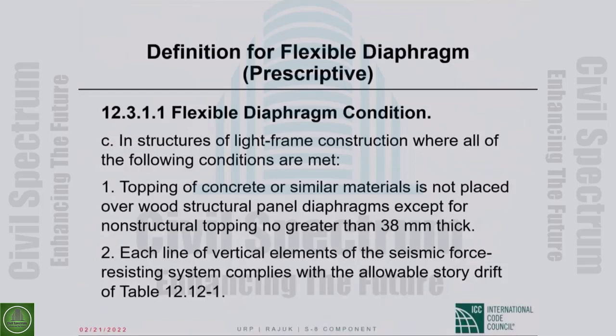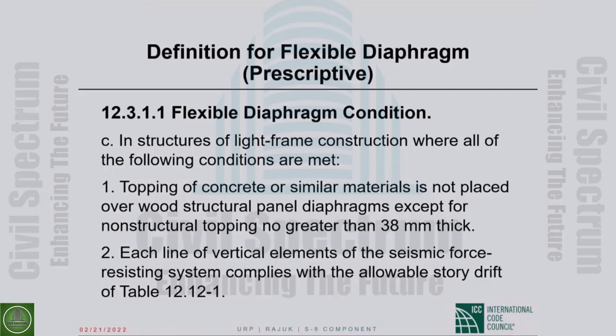So you get to take your diaphragm as flexible if the structure featuring the diaphragm is of light frame construction where all of the following conditions are met. There are only two. It should have said both. Topping of concrete or similar material is not placed over wood structural panel diaphragms. No concrete topping, except for non-structural topping, no greater than 1.5 inches. Okay, that can be a non-structural topping.